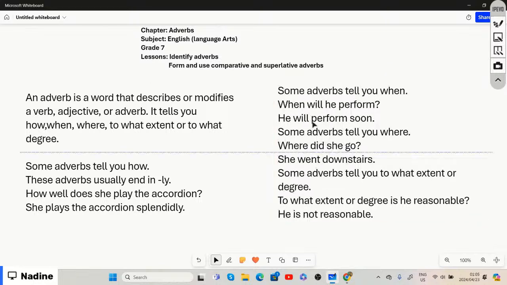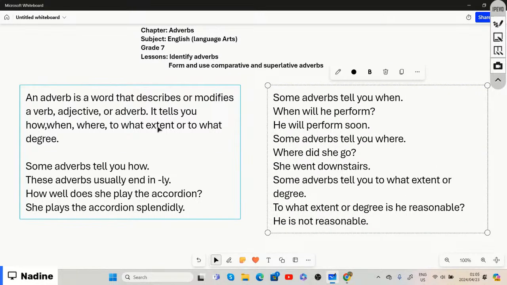All right. So when it comes to adverbs, an adverb is a word that describes or modifies a verb, an adjective, or an adverb.